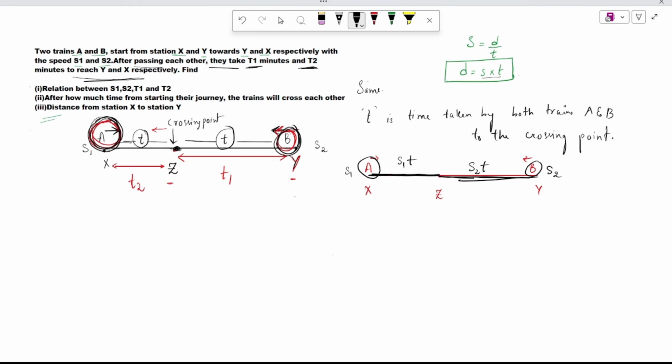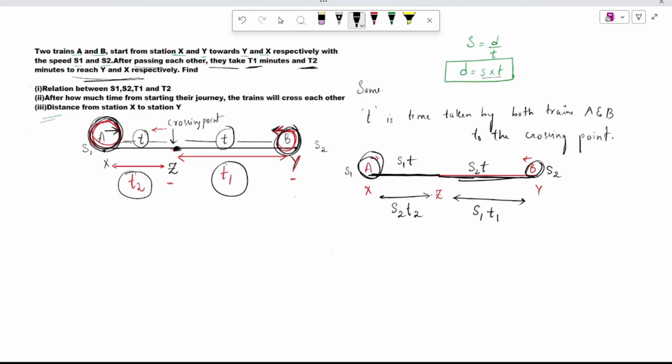In a similar way, this distance X to Z is traveled by train B, given t2 time. So the speed of the train is S2 and the time taken is T2, giving S2 T2. Similarly, this distance traveled by train A is given in T1 time, so the distance can be expressed as S1 T1.